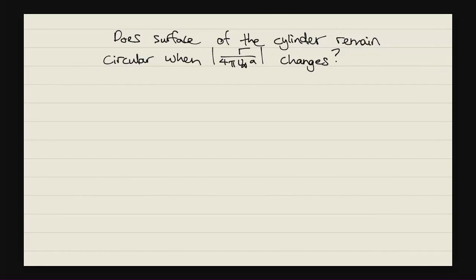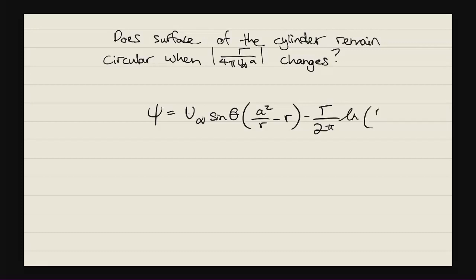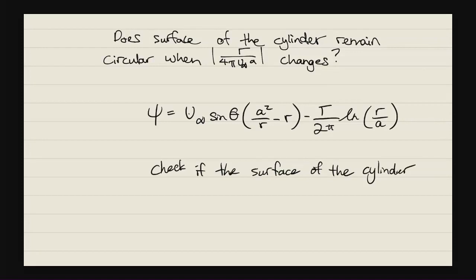We have to start back from our stream function, and we want to check if the surface of the cylinder is a streamline.